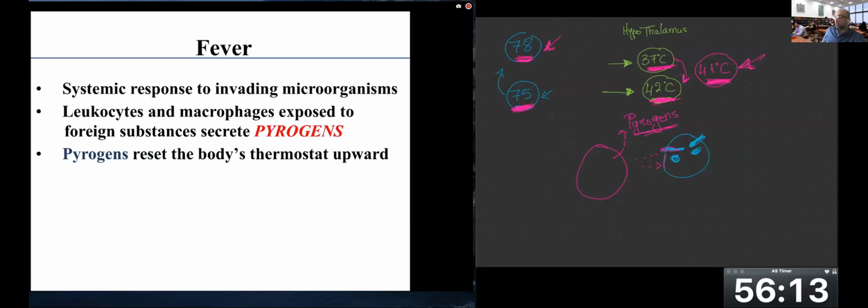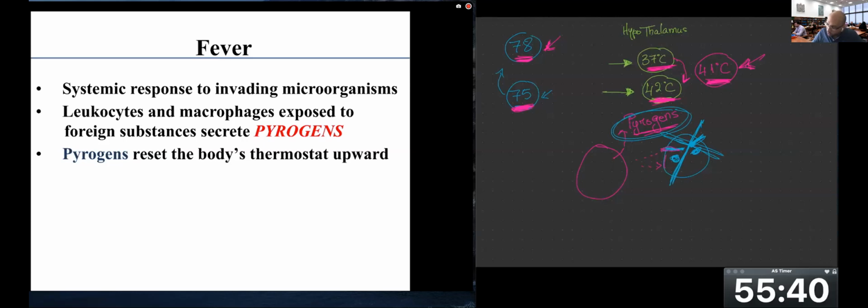So when I am sick, why would I be sweating? I feel that when I have fever, I will be sweating. Actually, sweating when you are sick, it simply means you are about to get rid of the infection. It's a good sign. Why? Because your immune system was capable now to reduce the viral load, to reduce the number of bacterial cells. So now it doesn't produce much pyrogens.